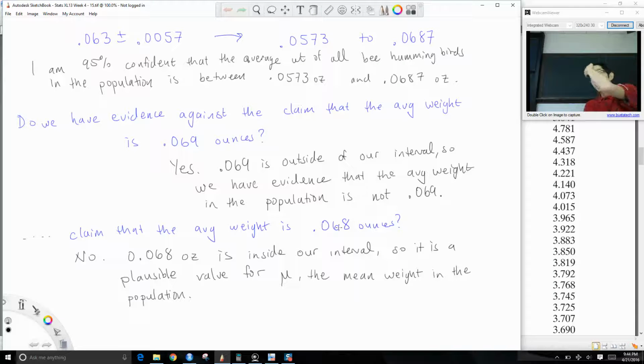And so the interpretation now becomes, you say, at the 95% confidence level, I do not have evidence against 0.068 ounces. Or at the 95% confidence level, I have evidence against 0.069. But for values on the boundary, we can say at 95% confidence I don't have evidence against 0.068, but at 90% confidence I do, okay?